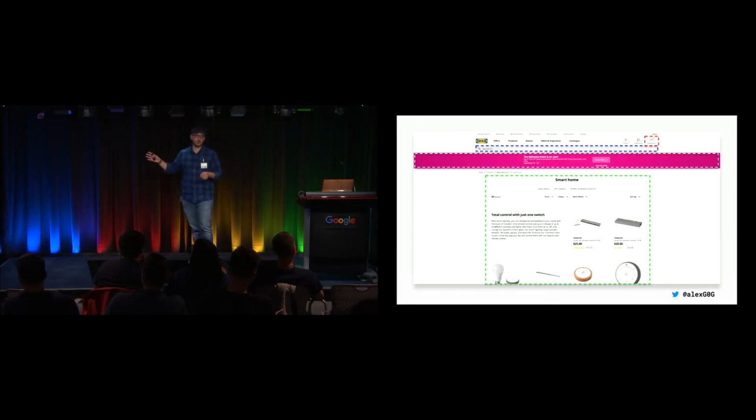This is a screenshot I took from IKEA. IKEA actually uses micro frontends. They're using a slightly different technology than the one I would like to present today, but it still illustrates very nicely how all these elements work together. If you look at the top right corner in red, we have the checkout. This is its own mini application inside of that website that interacts independently with the entire website.